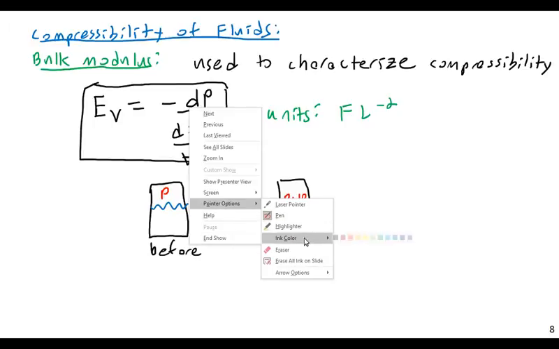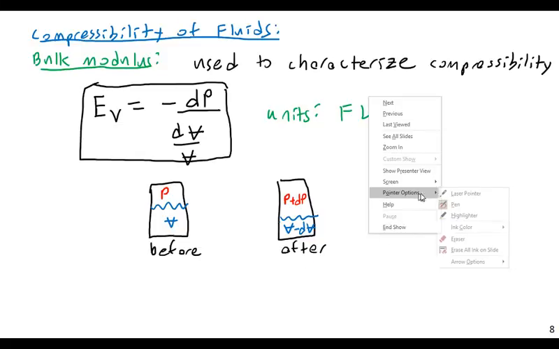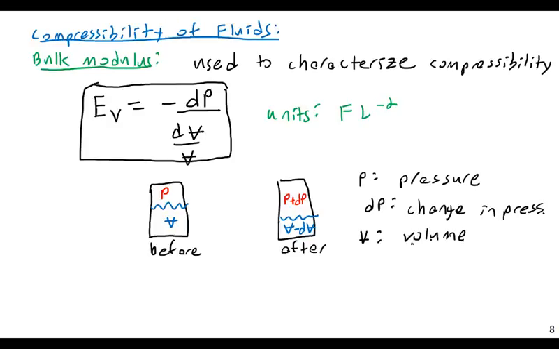And then for volume, initially I'll have V, and then I'll have V minus dV. So dV over V is basically, you can think of it as volumetric strain. Where again, P is pressure, dP is change in pressure, V is volume, and dV is change in volume.